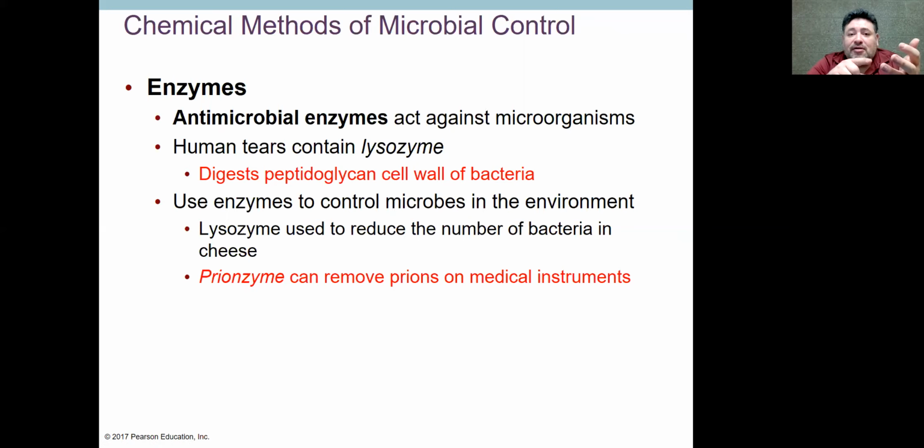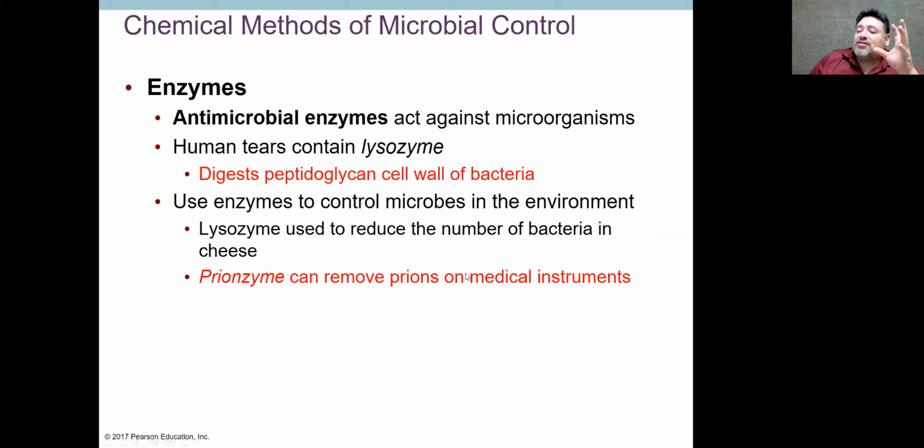And as I said earlier, prions, which are what cause Creutzfeldt-Jakob disease and mad cow disease in cows, you can't get rid of it. You can't use heavy metals, nothing will happen. You can't use halides, nothing will happen. You can't use alcohol, you can't use aldehydes, you can autoclave it, nothing will happen. You can irradiate it, nothing will happen. This thing seems to be impermeable to anything, right?